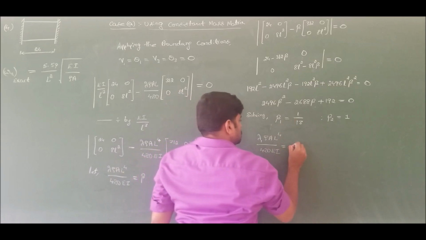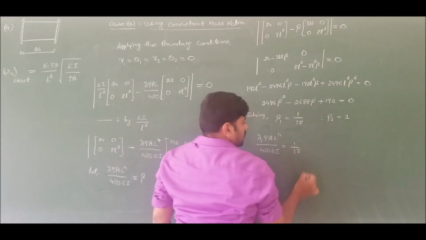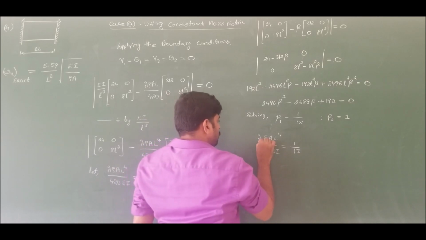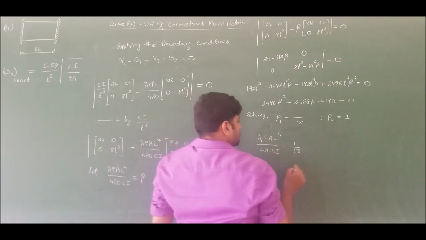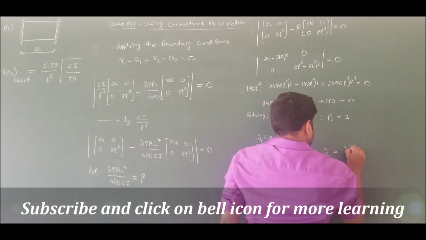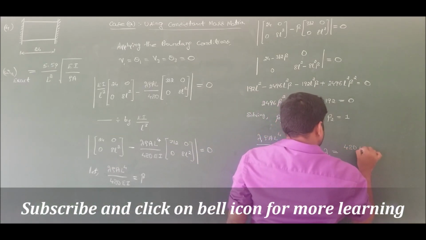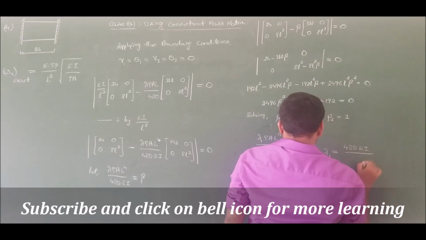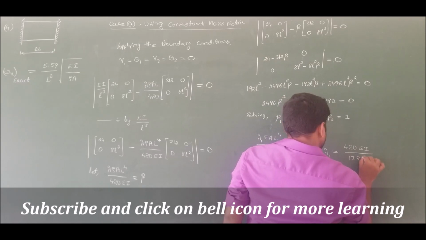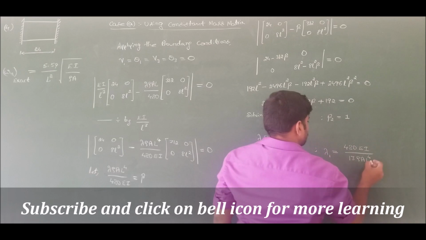So beta 1 is 1 by 13. Now simplifying which, I will get the value of lambda 1 as lambda 1 is equal to 420 EI divided by 13 rho A L to the power of 4.